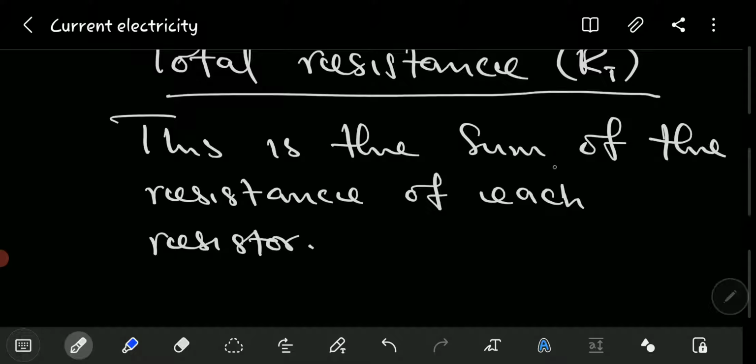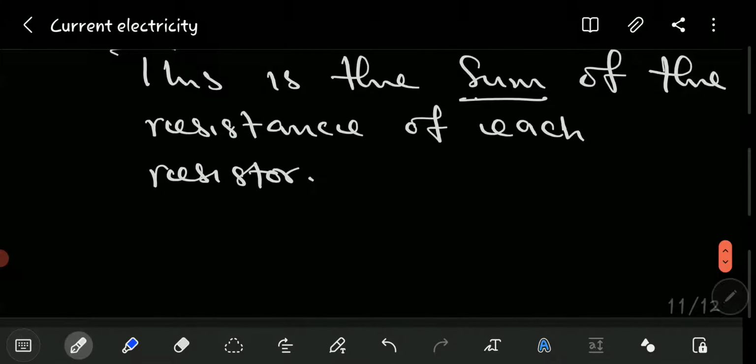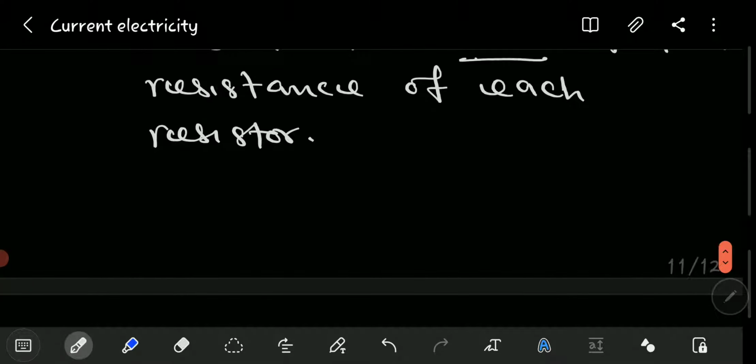So when we say sum, it means we add, and we find the total of the addition of all the resistance of each resistor in that series connection, then we will have the total resistance of the resistors connected in series.